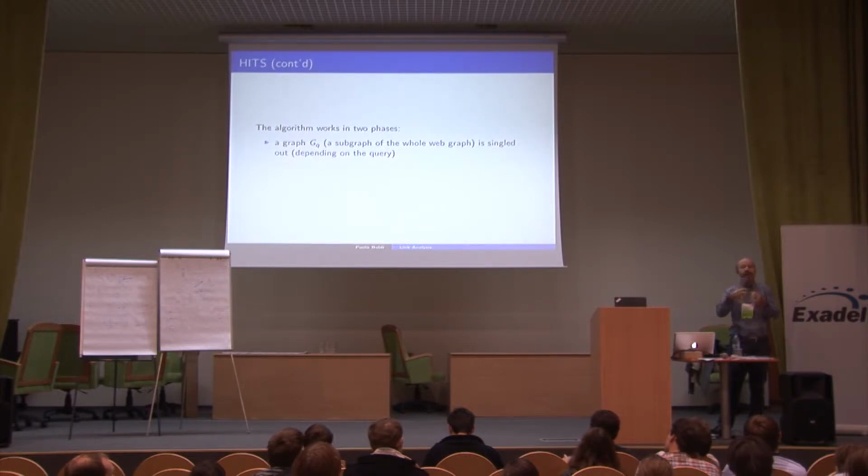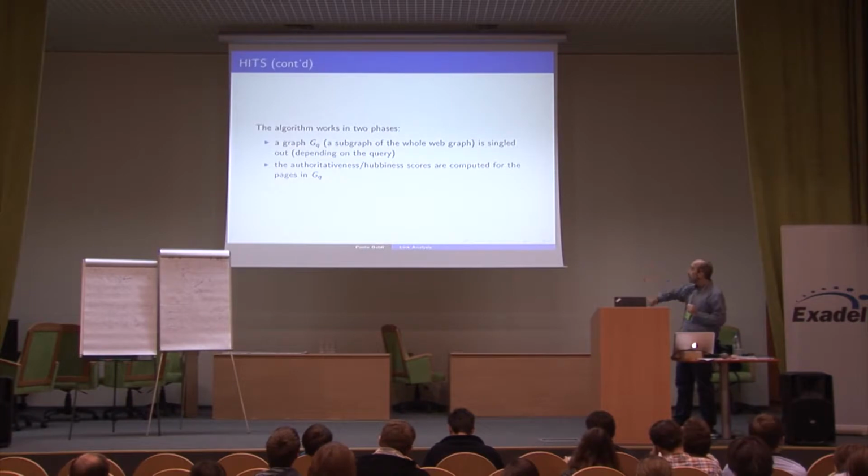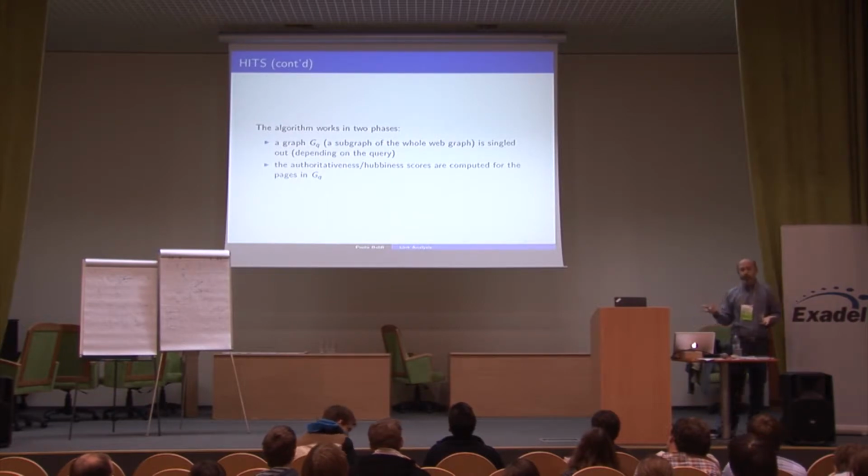This way you will have a subset of pages with the links between them. And then, for only those pages, you will compute the authoritativeness and hubbiness scores. And at the end, you will use the authoritativeness score to score the pages. Okay?